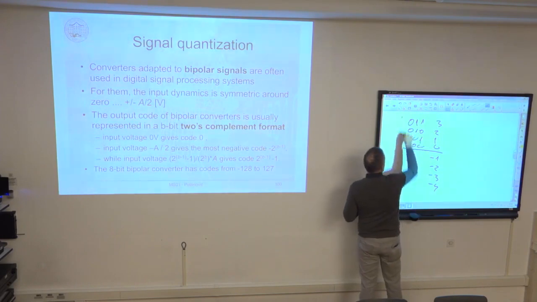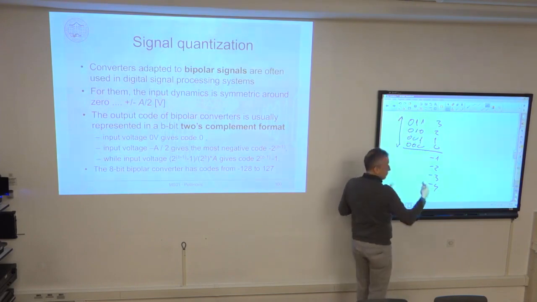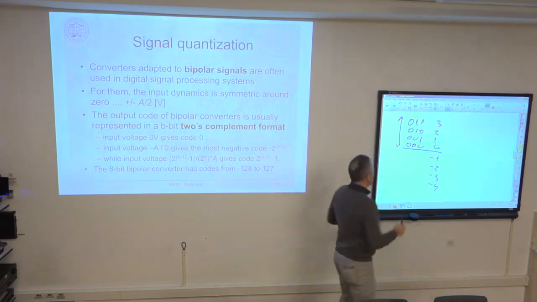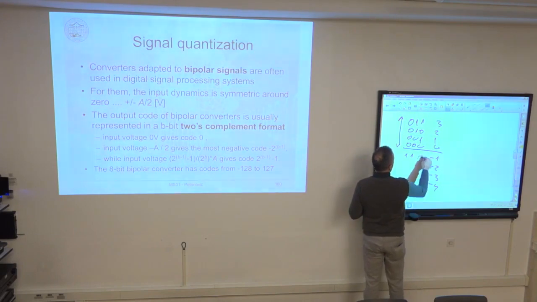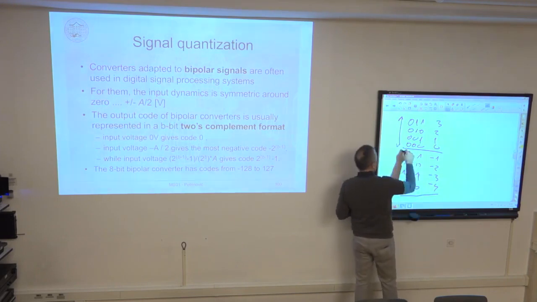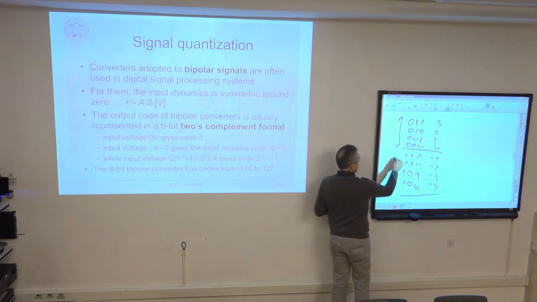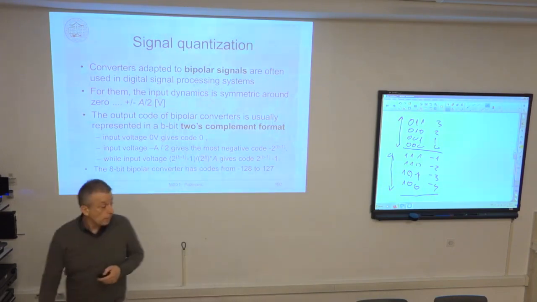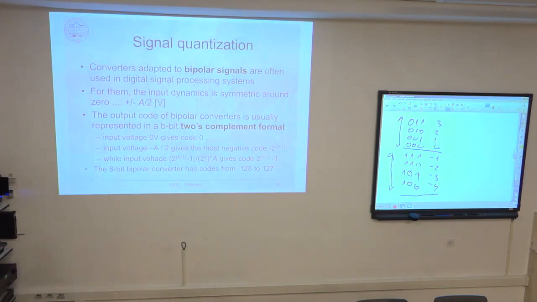So this is the non-negative part, let's say, because 0 is, whatever, non-negative. And we have this negative part, 1 1 1 1, 1 1 1 0, 1 1 0 1, and 1 1 0 0. So in this two's complement representation, this is the negative part of the representation of the input signal, and above is the positive part.